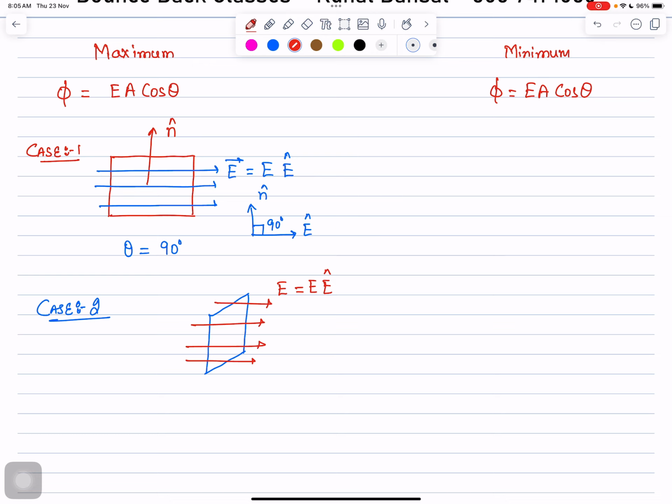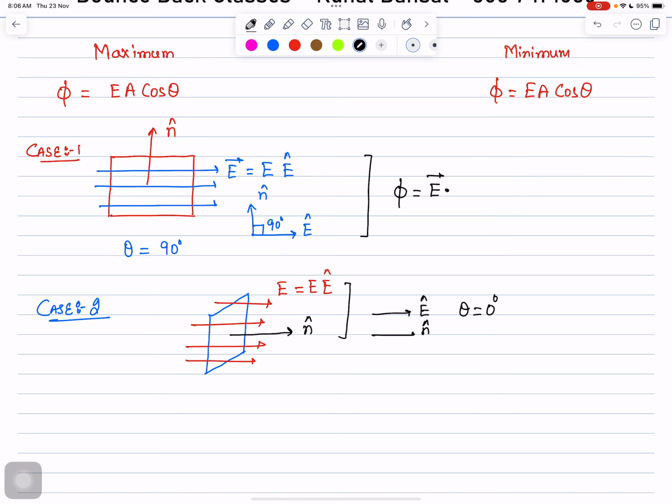Now tell me what is the direction of n cap. So can I say n cap is here, outward normal. So can we easily say the angle between E cap and n cap, theta is equal to 0 degree. Clear?